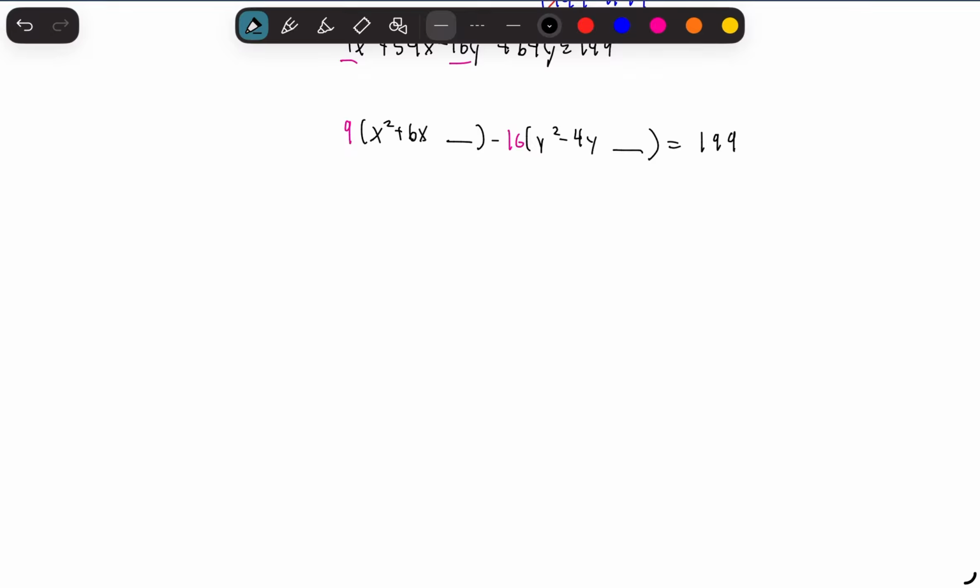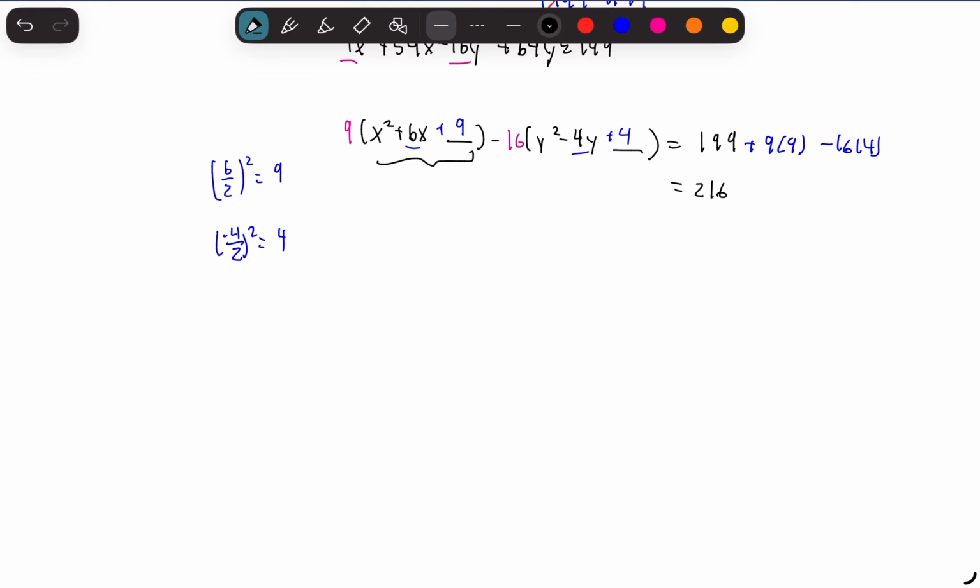So now we're going to complete the square. So here for this we have 6 and we have 4. Now for this we have -4. Now on the right hand side, this is going to equal 216.